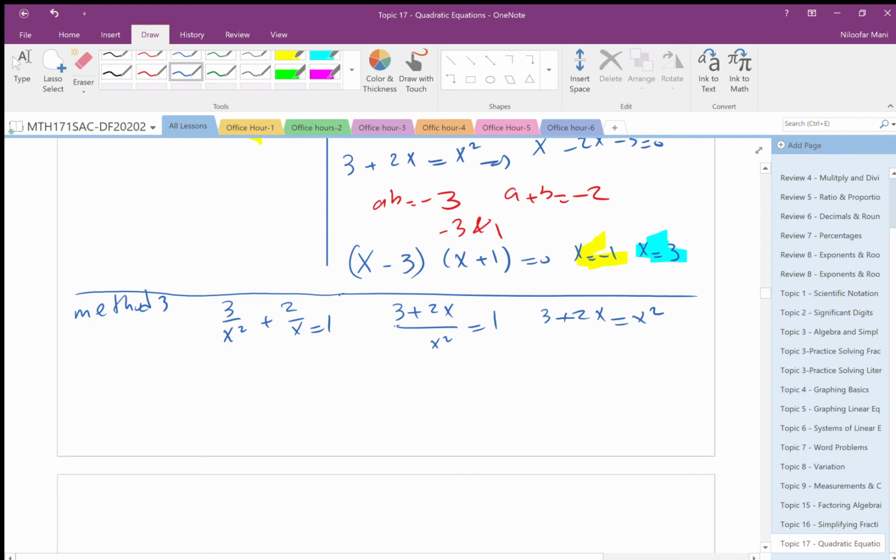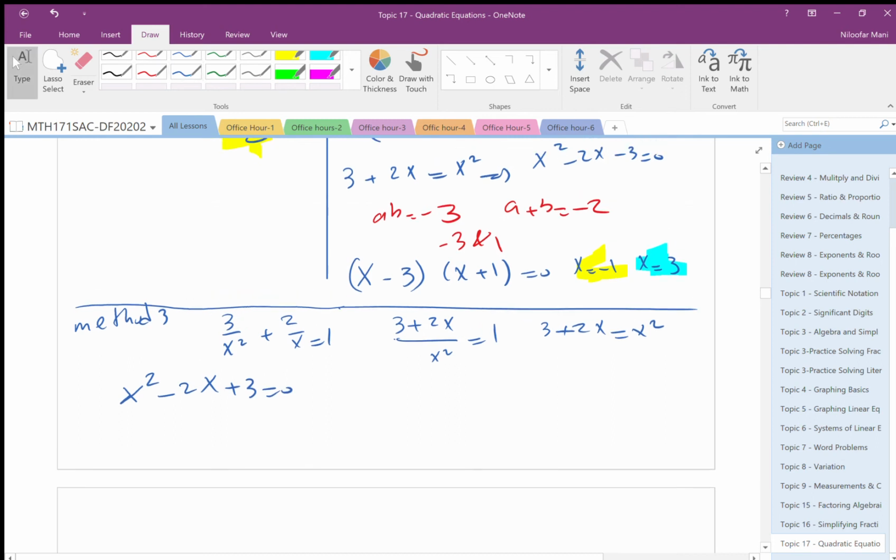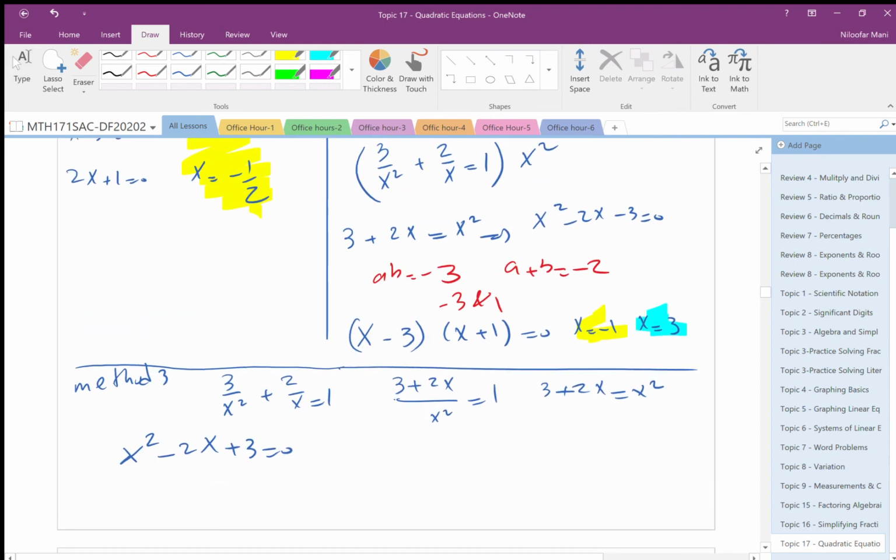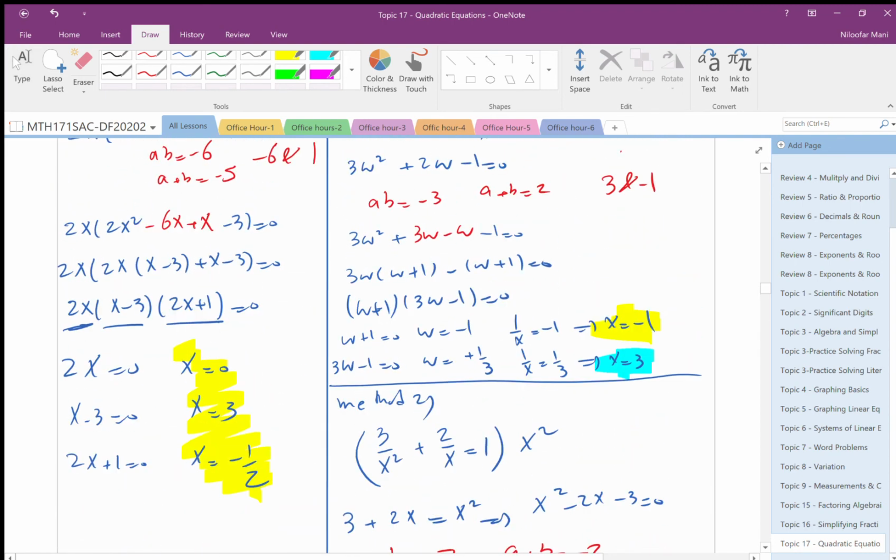I do, what do we call it, cross multiplication, and then I do x squared minus 2x minus 3 equals 0. Let me see, yes, so I just want to make sure that I didn't make any mistake.